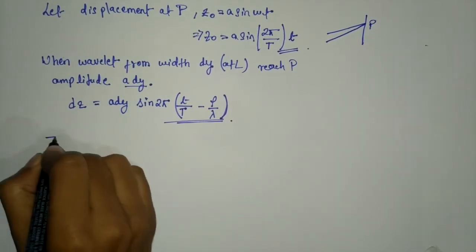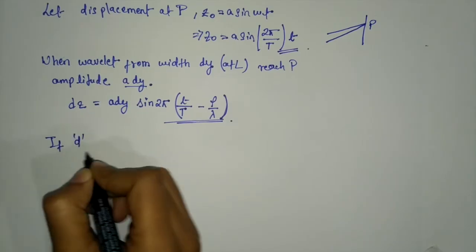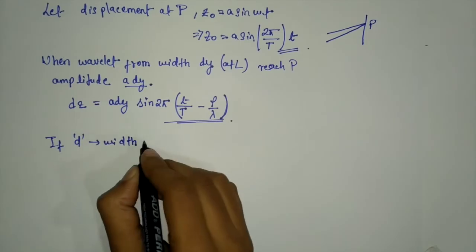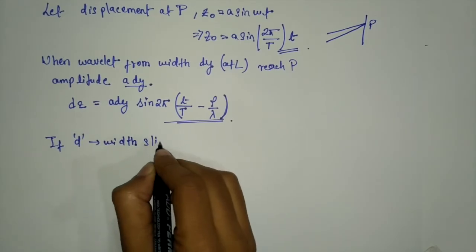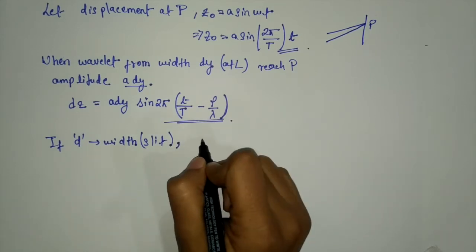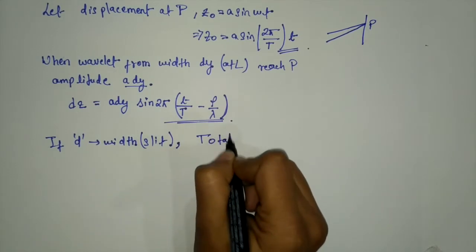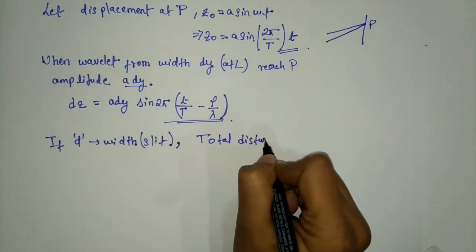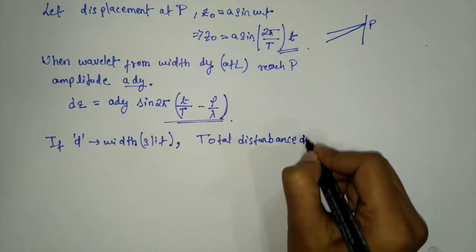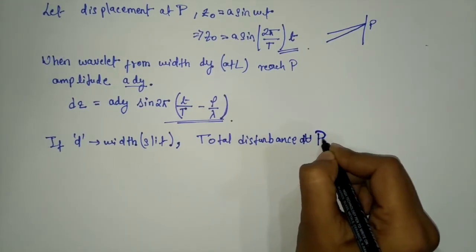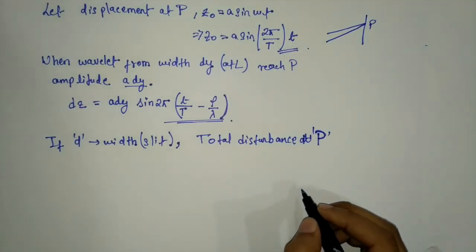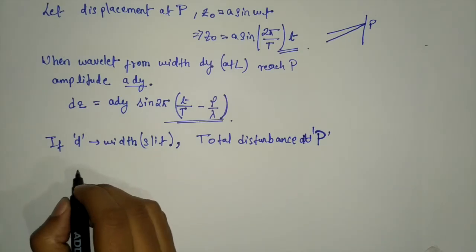Now if d is the width, we already know that d is the width of the slit, then total disturbance at the point P, the total disturbance due to the whole wavefront, we have to integrate it.